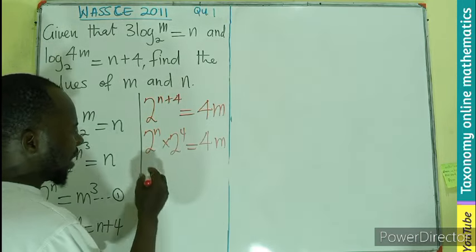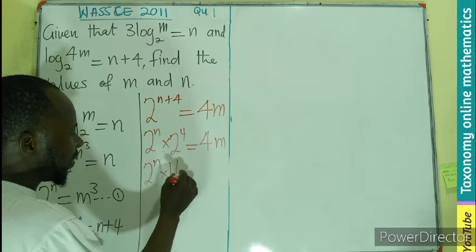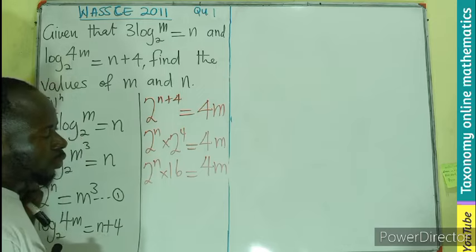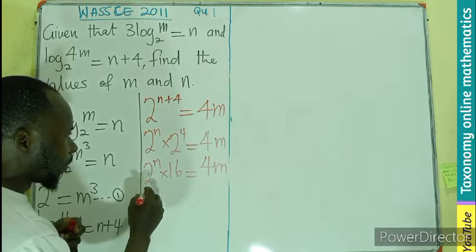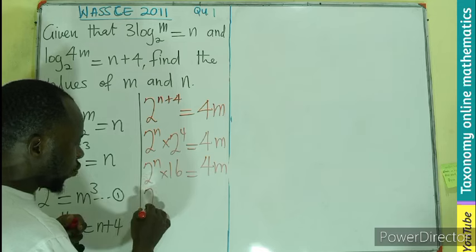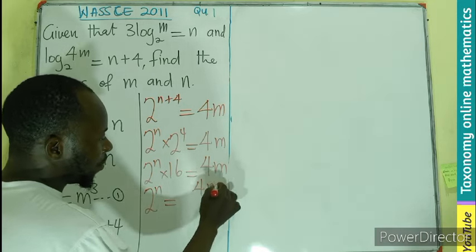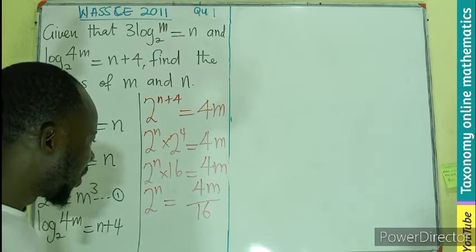So this will further become 2 exponent n times 16 equals 4m. We need to clear this. We divide both sides by 16. So we're having 2 exponent n equals 4m divided by 16.